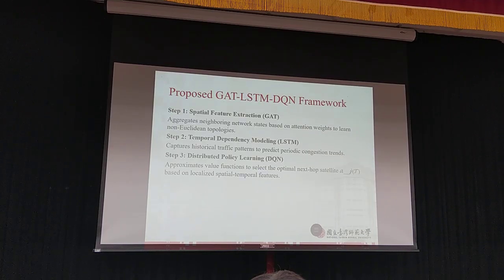LSTM is exceptionally well suited here because it captures long-term history of traffic patterns to predict future congestion trends before they actually happen. This temporal foresight transforms our routing strategy from reactive to proactive.